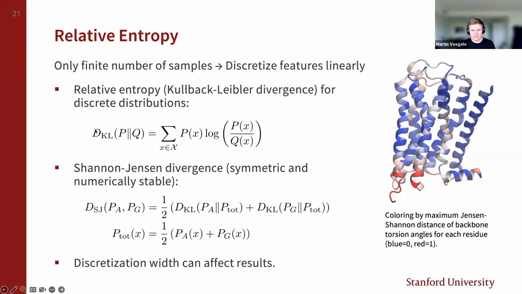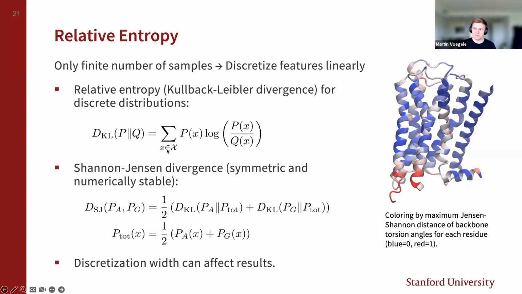However, the relative entropy, as described by the Kullback-Leibler divergence, has some mathematical properties that are not so desirable. For one, it is not symmetrical, so the distance from P to Q is different from Q to P. Also, it can diverge numerically if you have empty bins in your discretization.